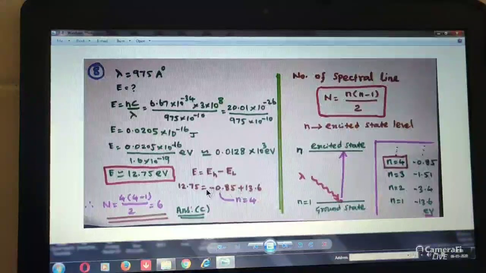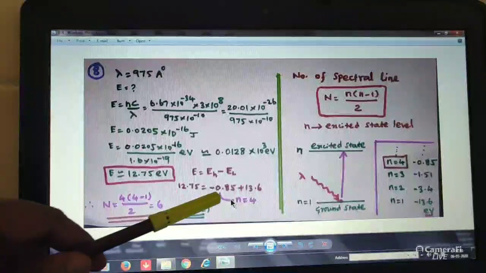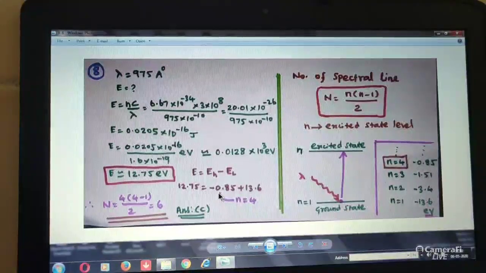Let us imagine the fourth level, minus 0.85, minus of minus 13.6, that is plus 13.6. If you add these two, we get 12.75. That is minus 0.85 plus 13.6, we get 12.75.